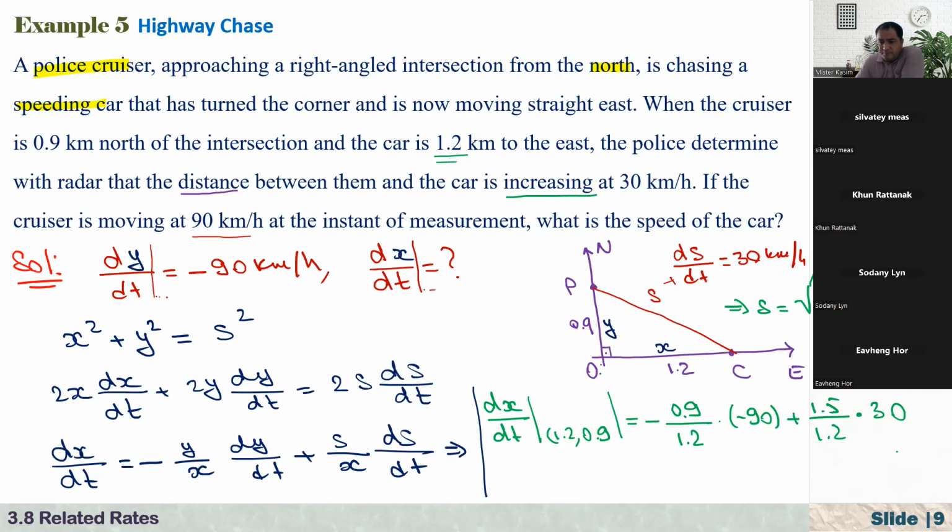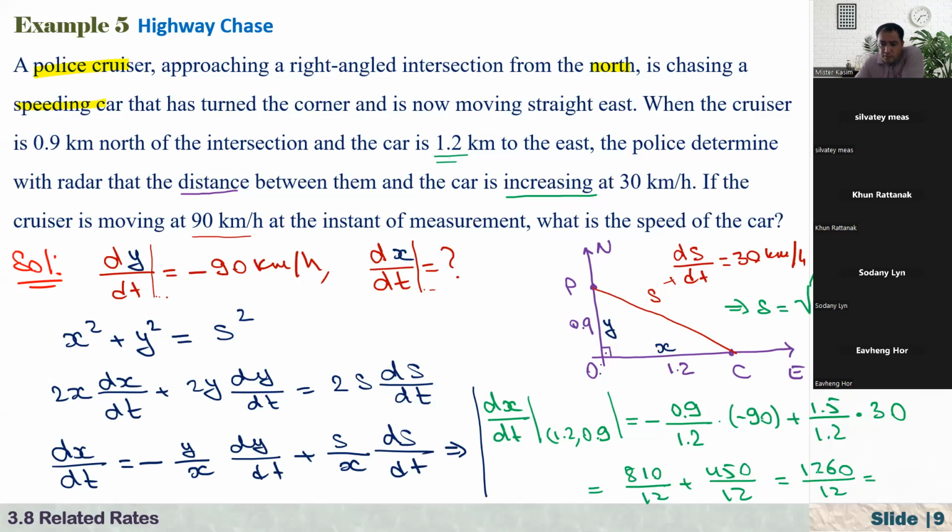Here we have 30. Now if we simplify this, using the calculator, 0.9 times 90 is 81 over 1.2, plus 1.5 times 30, that's 45 over 1.2, which is equal to 126 divided by 1.2.